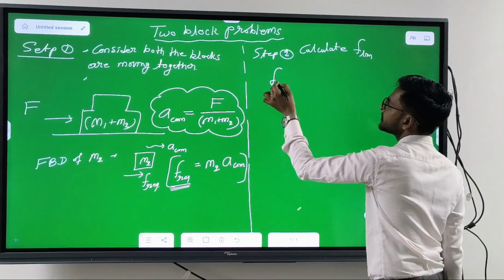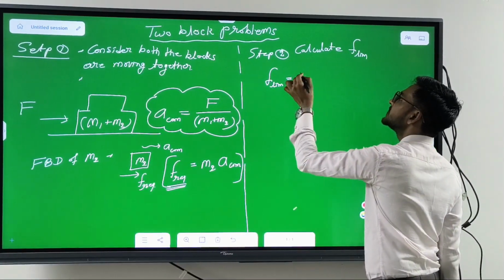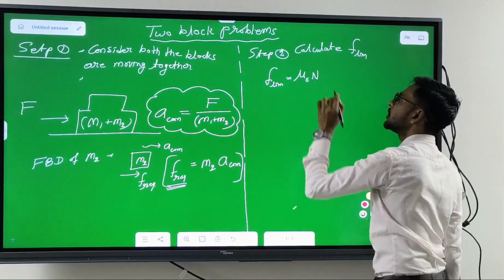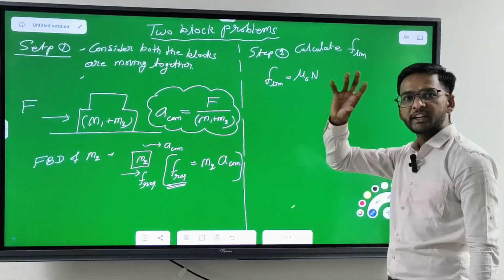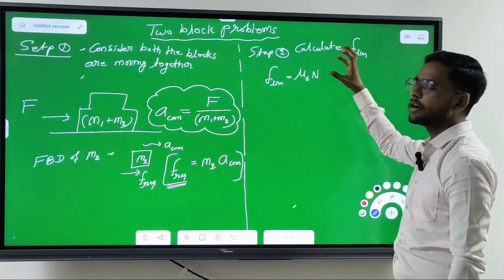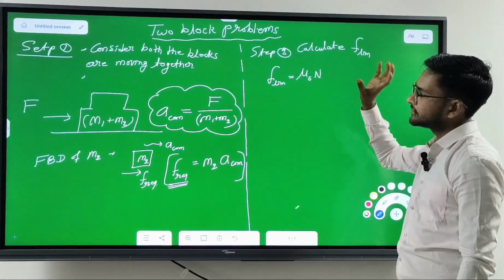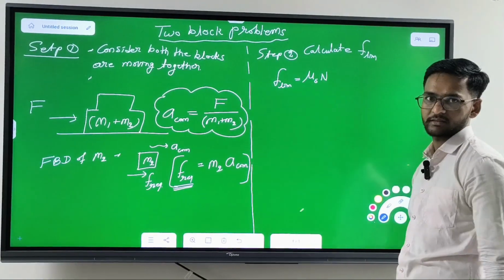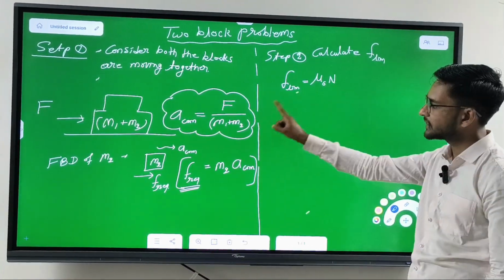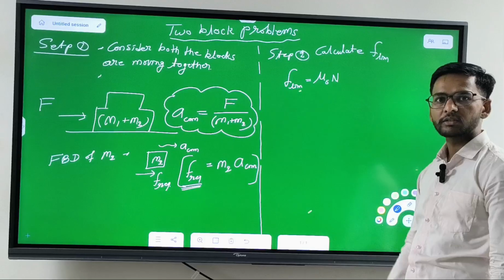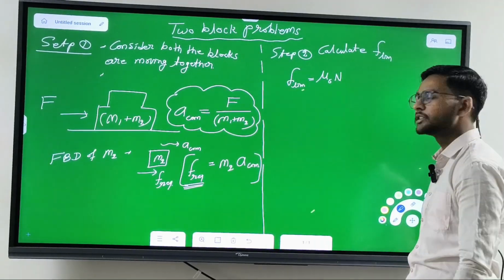What is limiting friction? It is mu s N. It is the maximum value of friction which can act between the surfaces. If this limiting friction is sufficient to move both the blocks, both the blocks will move together.